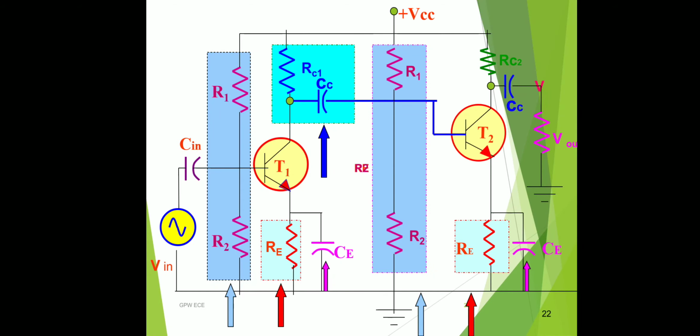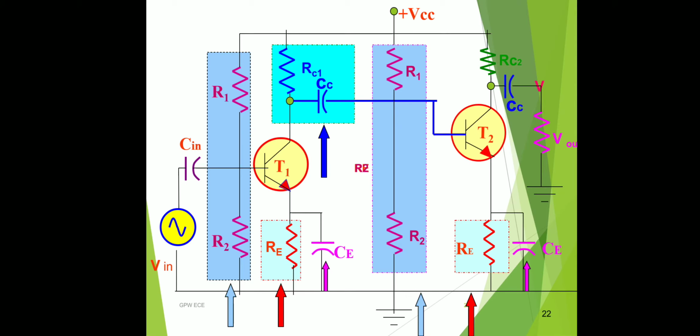Now we will discuss the two-stage RC coupled amplifier. Already we just discussed what is single stage and what is multi-stage. Here it is two-stage RC coupled. That means the number of stages is 2, and the coupling is with R and C elements.